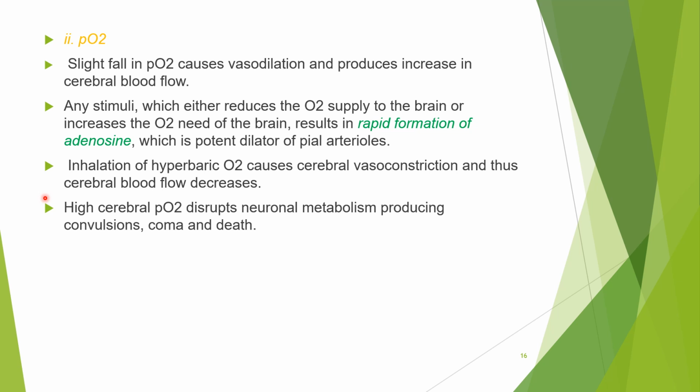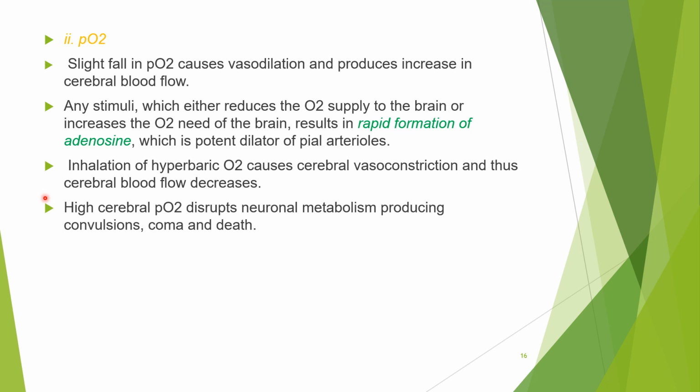Then actually we have mixed the pH with the carbon dioxide. The effect of carbon dioxide is mediated via the change in the pH. If you raise the partial pressure of the carbon dioxide, what happens? The H plus ions also rise in the blood. Now the carbon dioxide will easily diffuse through the blood-brain barrier and reach the CSF.